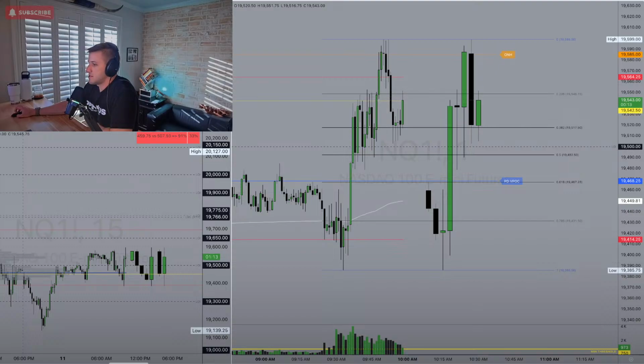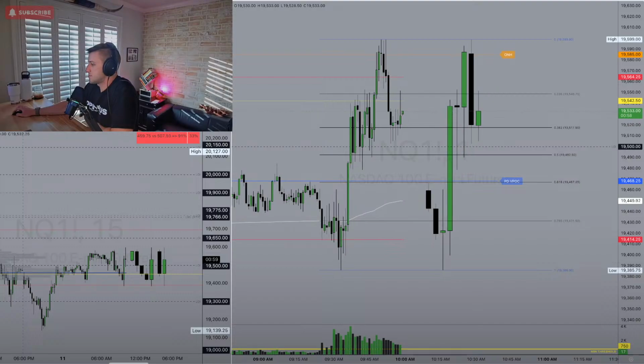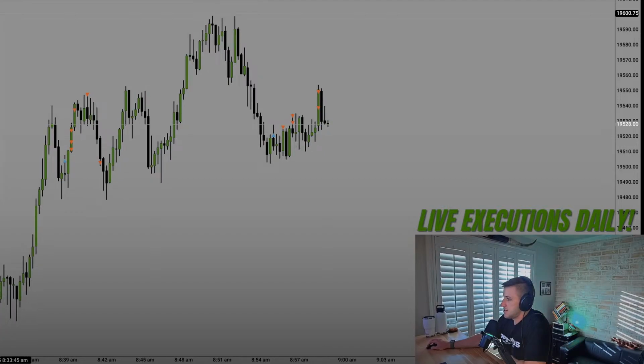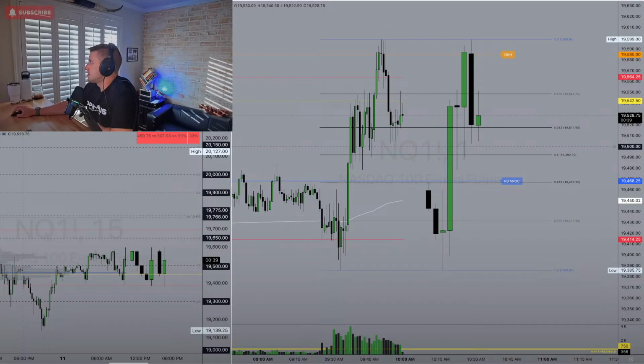Just a little push before 10 a.m. from that 500 area. Grabbed a little nibble, little Scooby snack. We got tight trails here into data. May get hit, right? Yeah, there it goes. They're all out. See what we get here post data. All cashed into data.